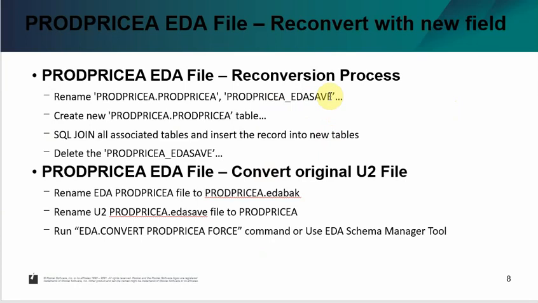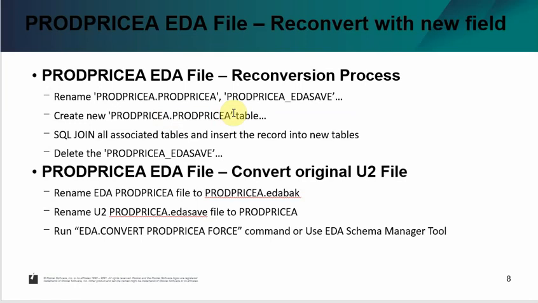If you have one file that becomes 10 SQL tables, you will do the same thing, renaming everything to become EDA safe. Then you will create a brand new table with the new schema and the new field.